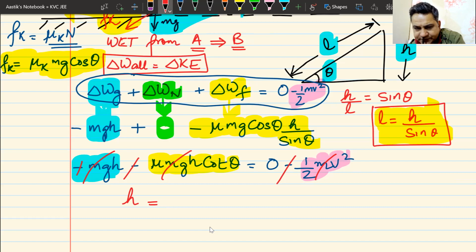What is the answer for h? Simple. Just calculate it. Give me the answer.